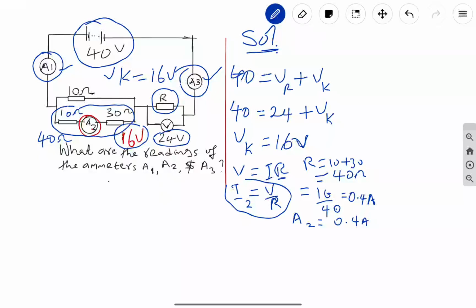From what we have done, A2 is going to record a current of 0.4 amperes. So that means the current here is 0.4 amperes. Now look at what happens.